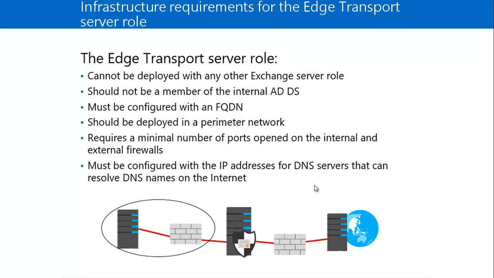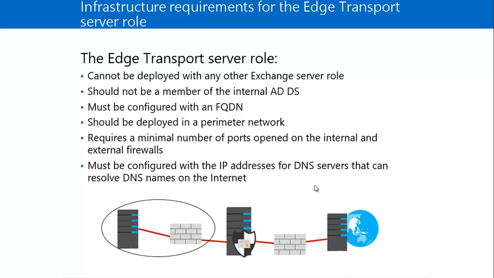In the internal firewall you must allow SMTP traffic between the Edge Transport Server role and one or more internal Exchange Server 2016 servers on port 25. The firewall must also allow outbound traffic towards the perimeter network for synchronization from ADDS to ADLDS on port 50636.